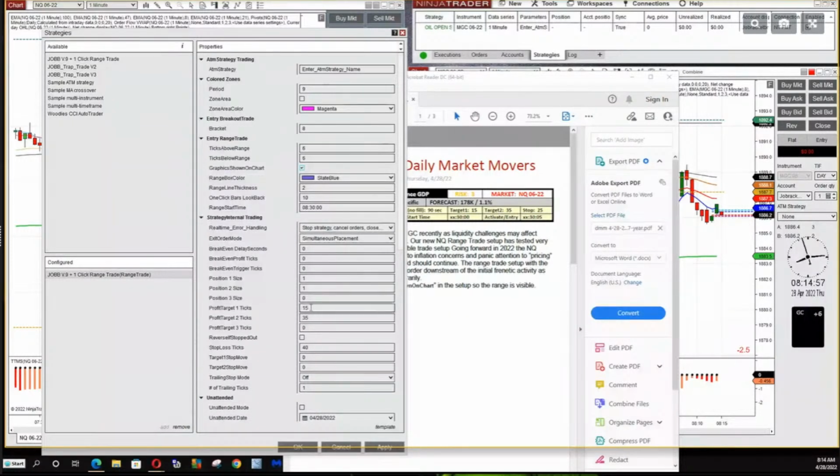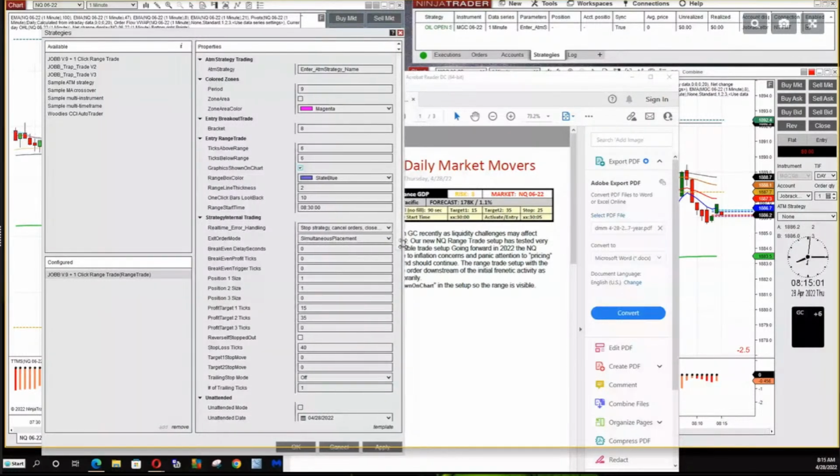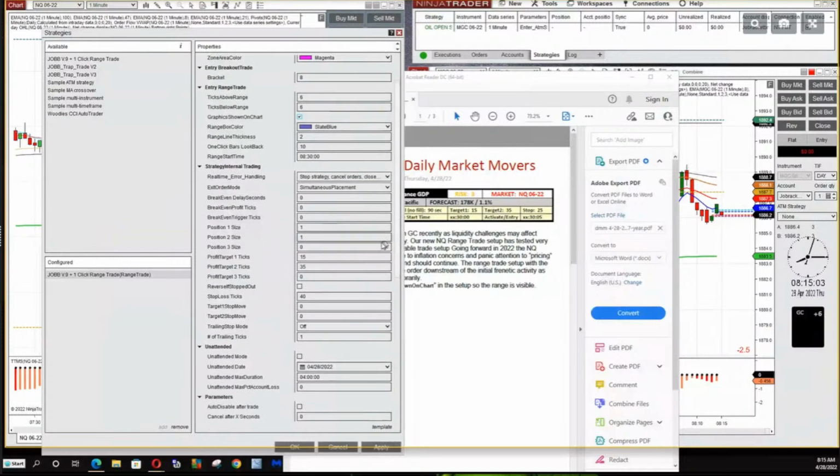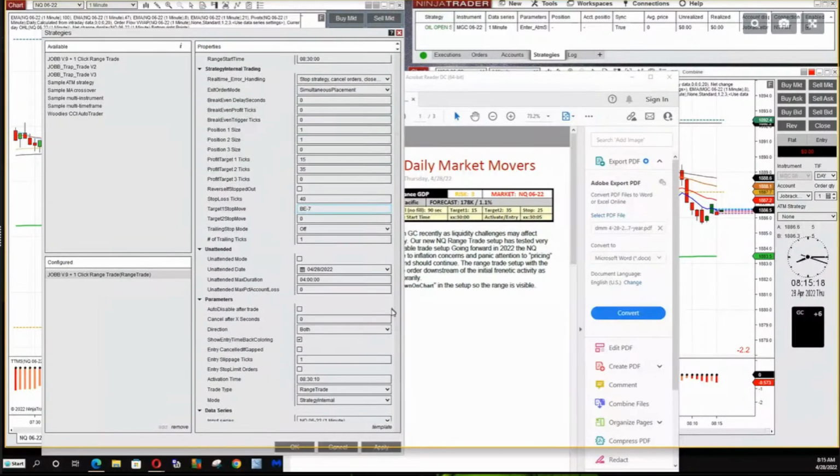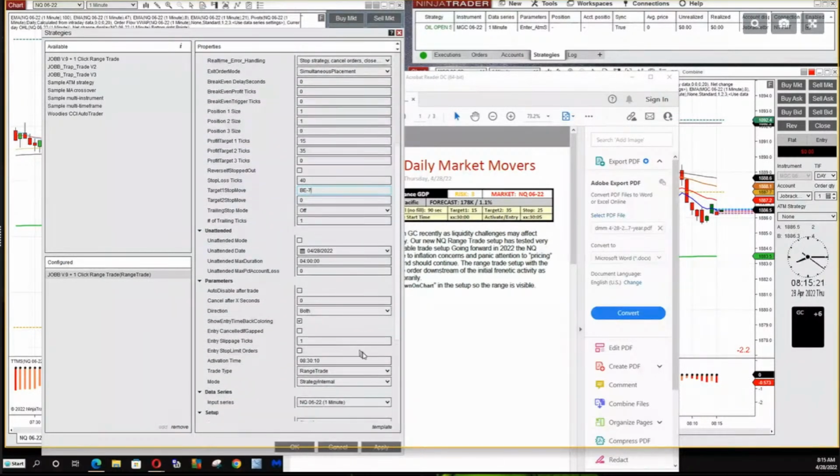One position for 15 ticks, one for 35, a stop of 40. If it hits my first target, I'm going to move my stop to break even -7. Protect the little profit, but if it reverses fast, then I should be able to get out about flat, close to flat.